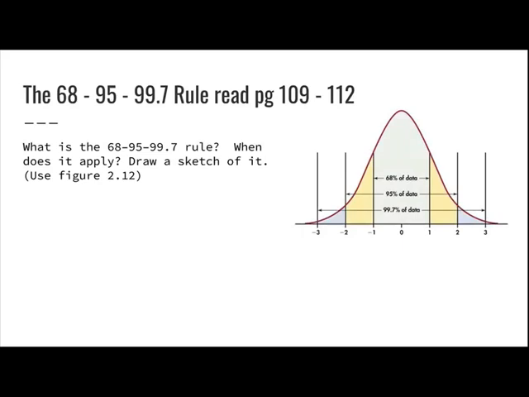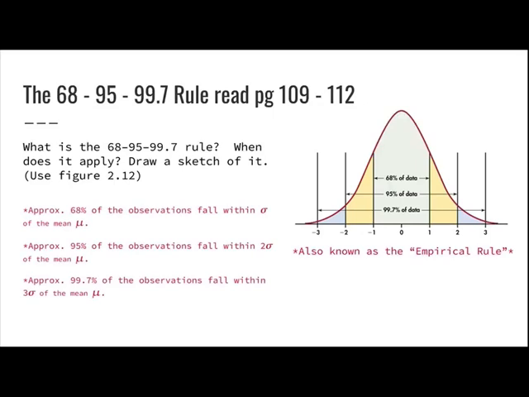Between four standard deviations from the mean, that's 95% of our data. And six standard deviations from the mean, including both sides, is 99.7% of our data. This is also known as the empirical rule.